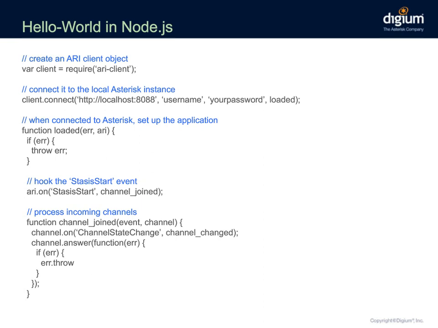And the first thing that we do is we create a callback for the stasis start event. Remember that event that we got at the very beginning, which indicates that a call has been delivered to stasis? Well, we're hooking it, and we're saying that when any of those events arrive, pass it off to a callback function called channel joined.